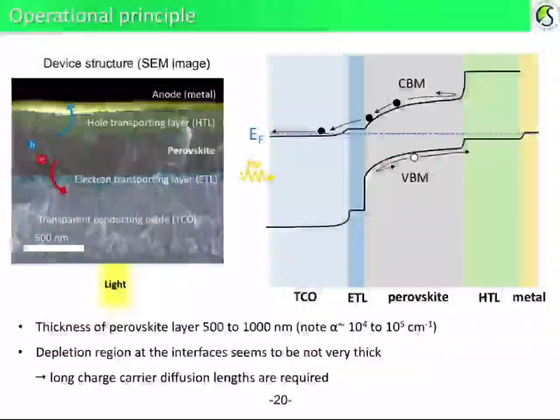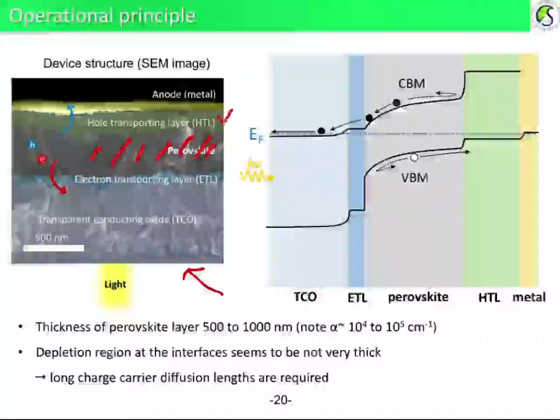At this stage, let us see the operation principle of the perovskite solar cells based on the device structure. The typical device structure nowadays is this planar heterojunction structure, where the perovskite layer is sandwiched in between the hole transporting layer and the electron transporting layer.